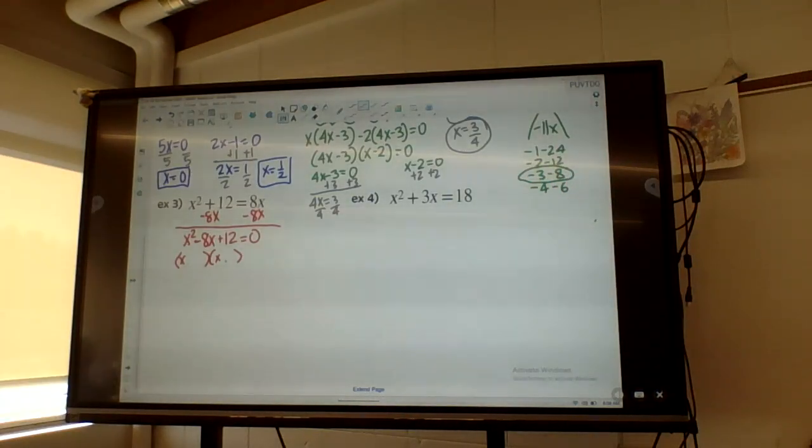We want to multiply to get 12, but add to -8. So likewise with the last problem, we need them both to be negative. And so it's that second one again, so -2 and -6.